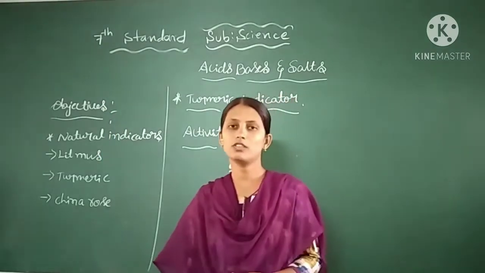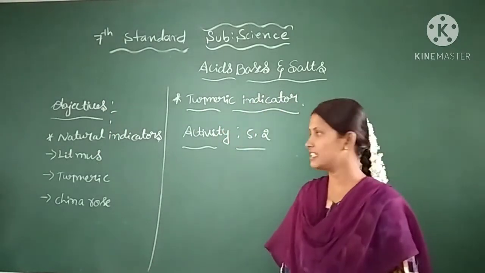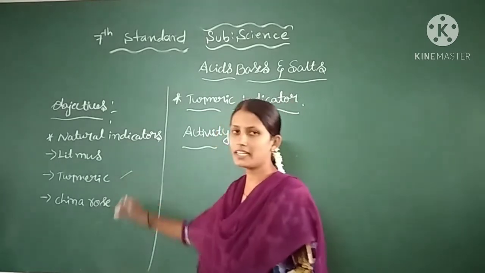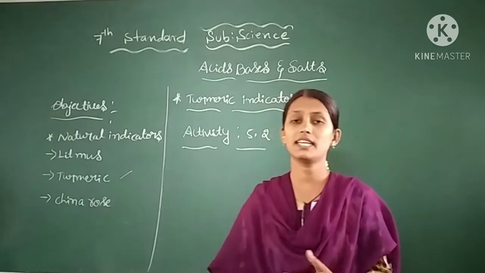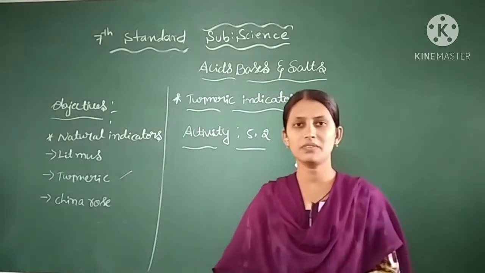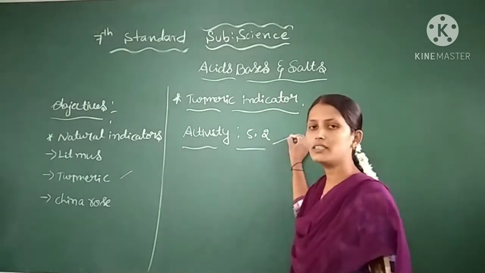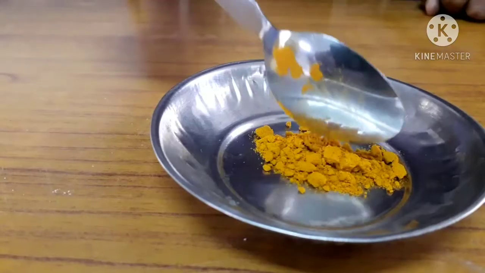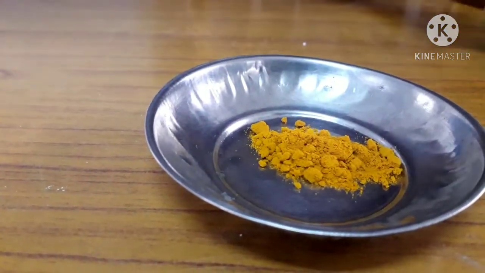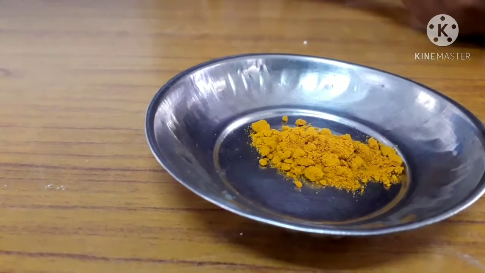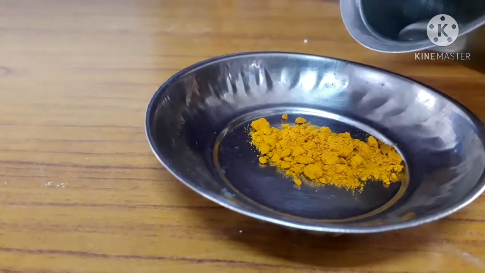Yes, now we will move on to the next type of natural indicator, that is the turmeric indicator. We can prepare turmeric indicator by doing activity 5.2. Take a teaspoon of turmeric, add a little water.